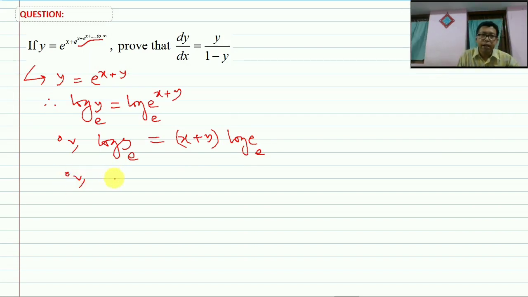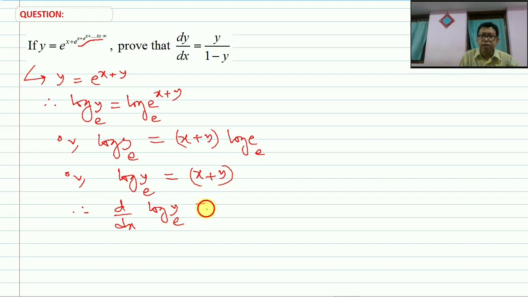So again write log of y base e is equal to x plus y into 1. Now you can differentiate with respect to x. d/dx of log of y base e is equal to d/dx of x plus y. So here you are getting 1 upon y dy/dx.